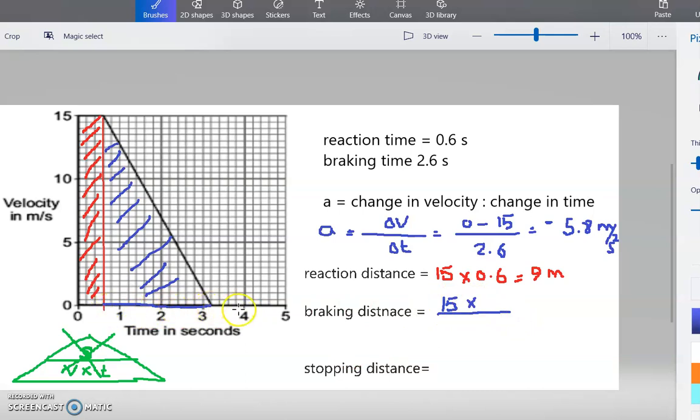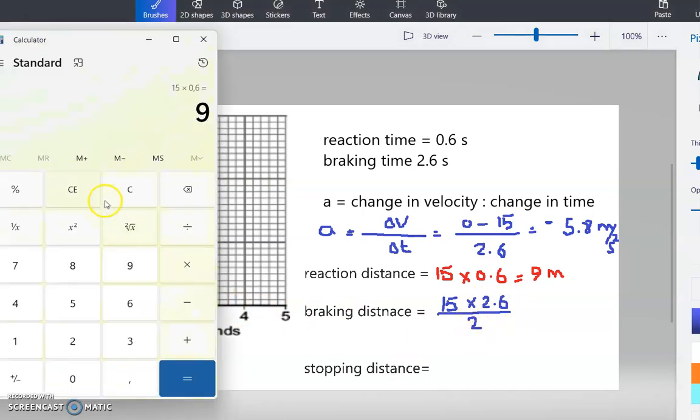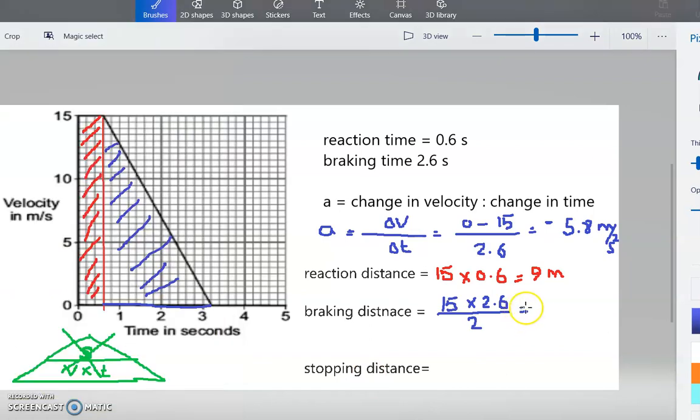That base is 2.6. So 15 times 2.6 divided by 2 is 19.5 meters. And if I add these two together, I can get the stopping distance, which is 28.5 meters.